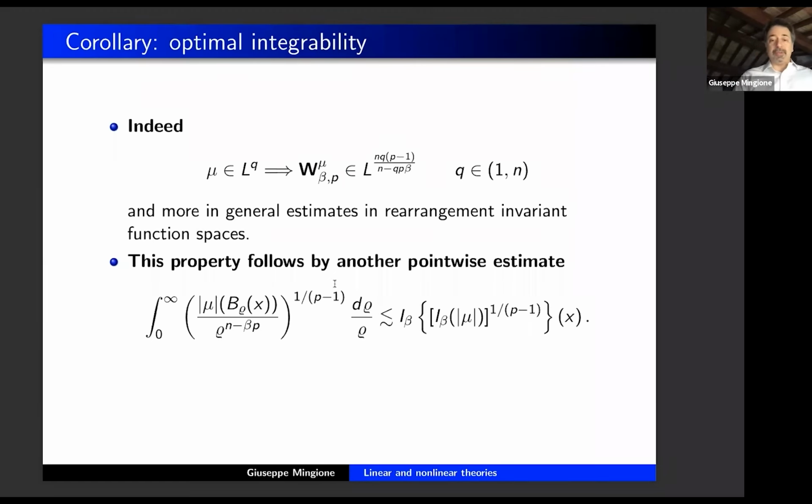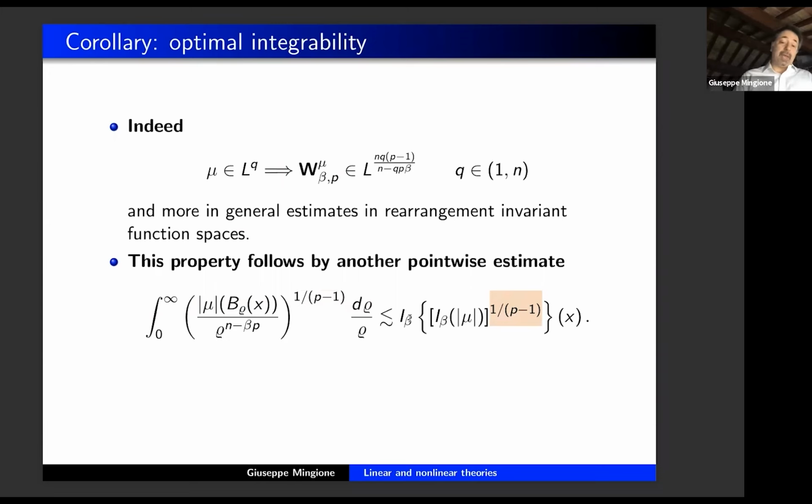The mapping properties of Wolff potentials are in turn known because of this fundamental inequality of Hedberg and Wolff, because you can bound Wolff potential by a nonlinear iteration of two Riesz potentials. Nonlinear iteration means that you insert this 1 over P minus 1, because you have to, at a certain stage, and this is linearly scaling like 1 over P minus 1.